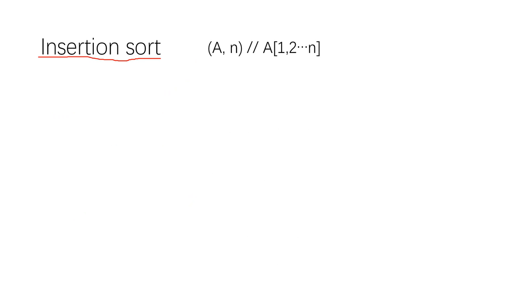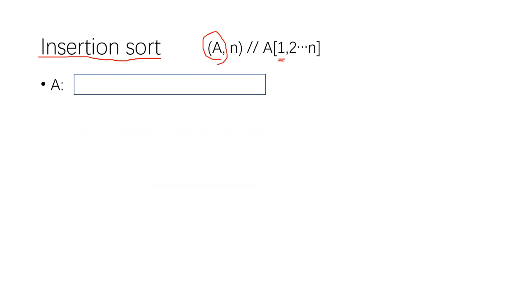Suppose we have the input, we name it A. It's basically an array, the total number is n, and the index starts from 1, not from 0, from 1 to n. Then what will insertion sort do?